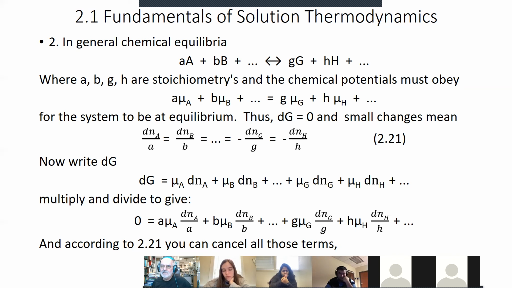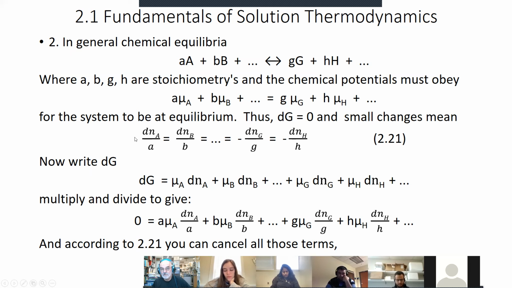Consequently, using what we've described above, the chemical potential times A, the stoichiometry for the reaction, plus the chemical potential of B times its stoichiometry, must all add up to give the same free energy on the product side, G times mu G plus H times mu H. So for this system to be at equilibrium, every time you react a little A, you have to divide essentially by the stoichiometry to account for the change in B divided by its stoichiometry.